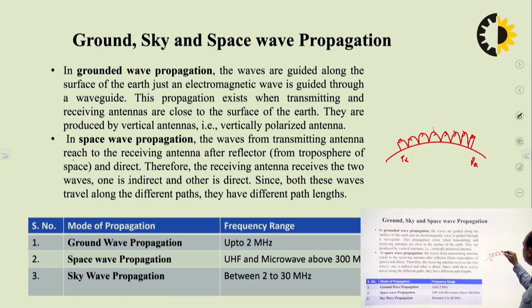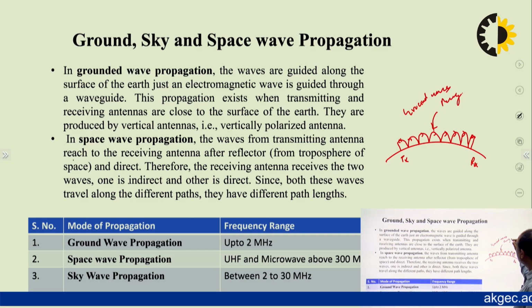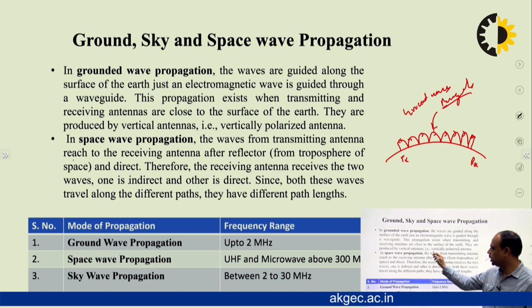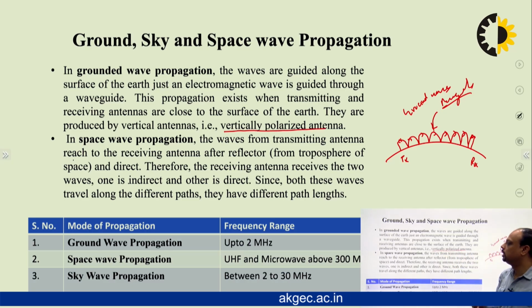Then this wave propagation is known as ground wave propagation. In this case, the ground wave propagation is generally generated by a vertically polarized antenna.